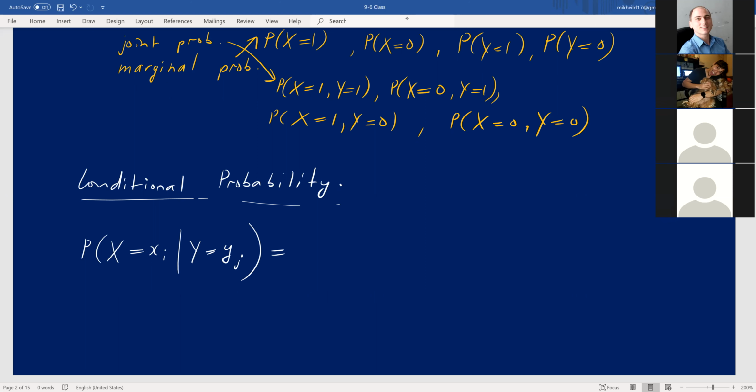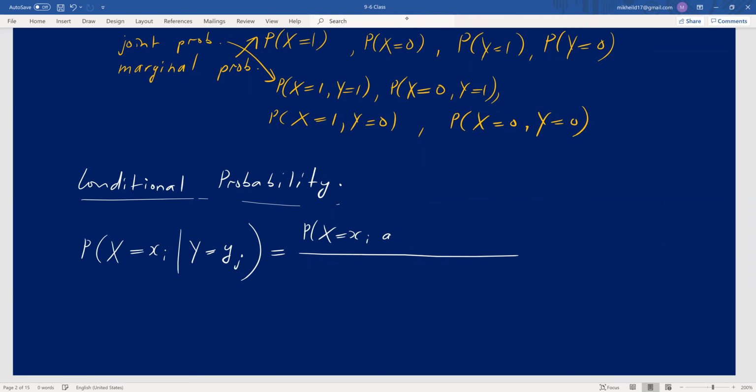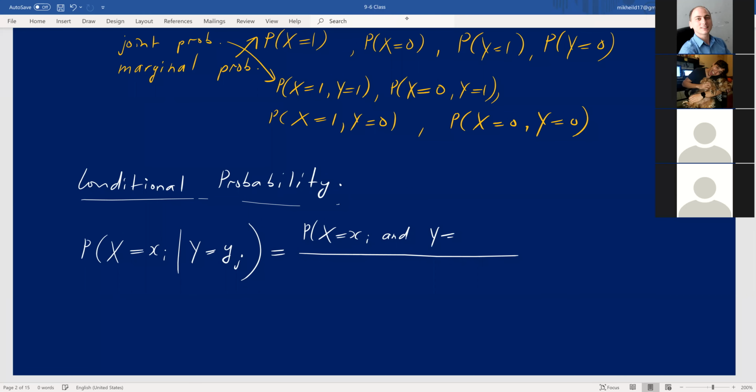The formula for that is the joint probability that x equals xi and y equals yj, divided by the marginal probability that y equals yj. And this is a general expression that is also known as Bayes' rule.